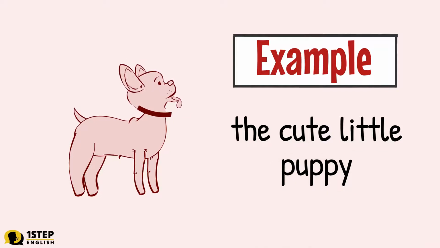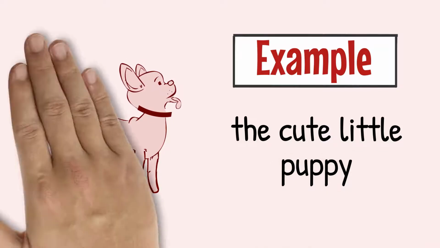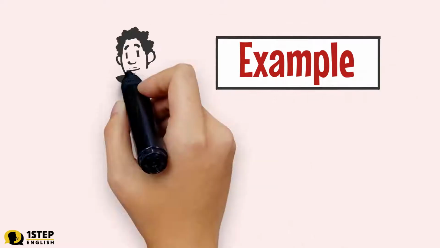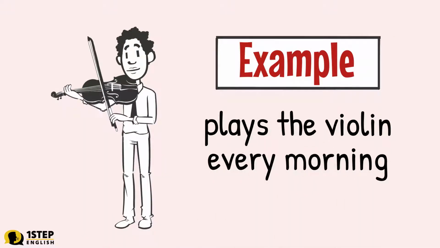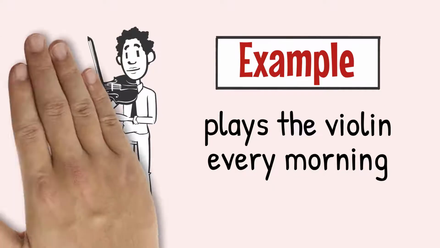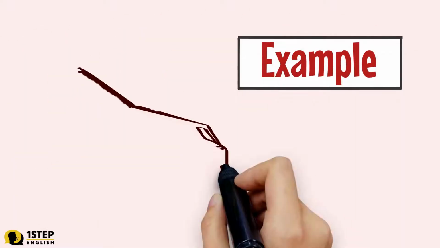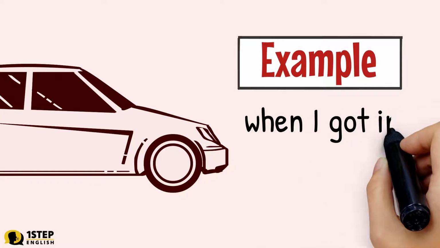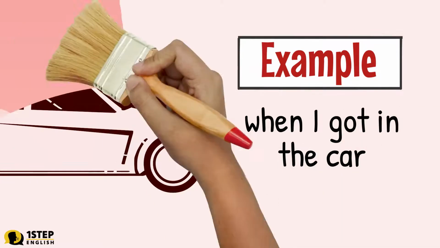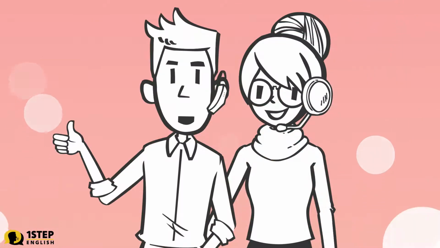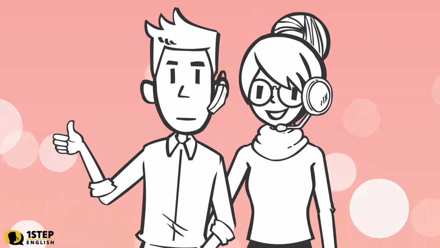The cute little puppy. Plays the violin every morning. When I got in the car. Do take note that those examples are not complete sentences.